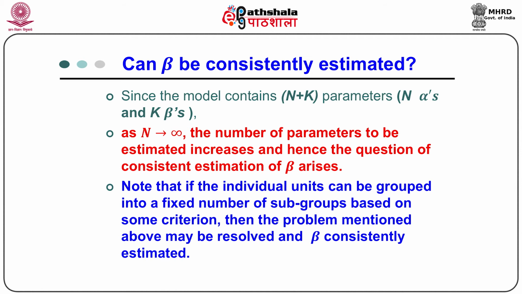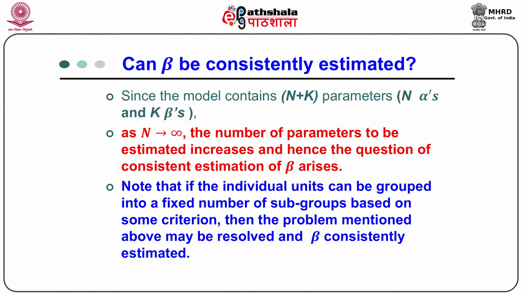Now, the question arises whether beta can be consistently estimated. As n tends to infinity, the number of parameters to be estimated increases, and hence the question of consistent estimation of beta arises. Note that if the individual units can be grouped into a fixed number of subgroups based on some criteria, then the problem mentioned above may be resolved and beta can be consistently estimated.